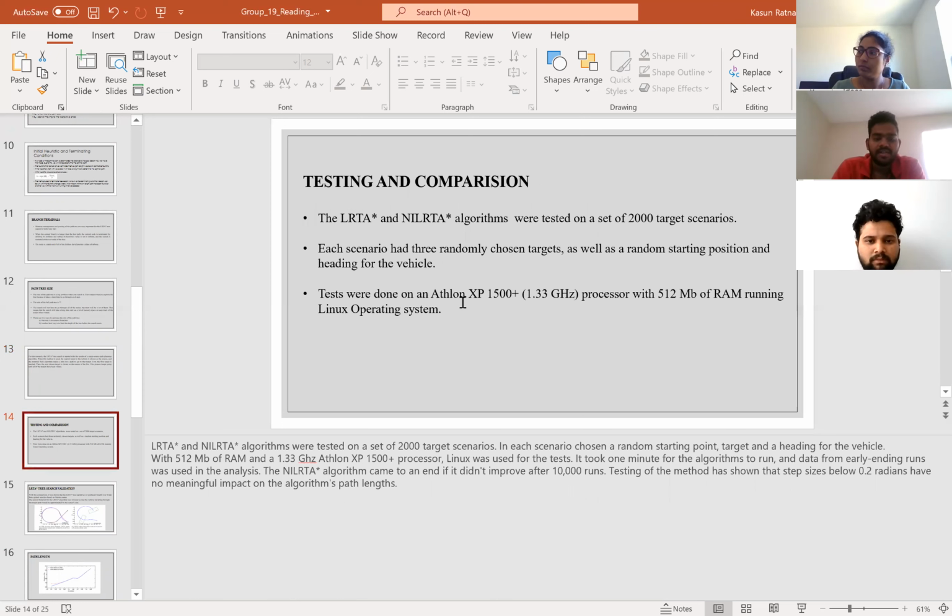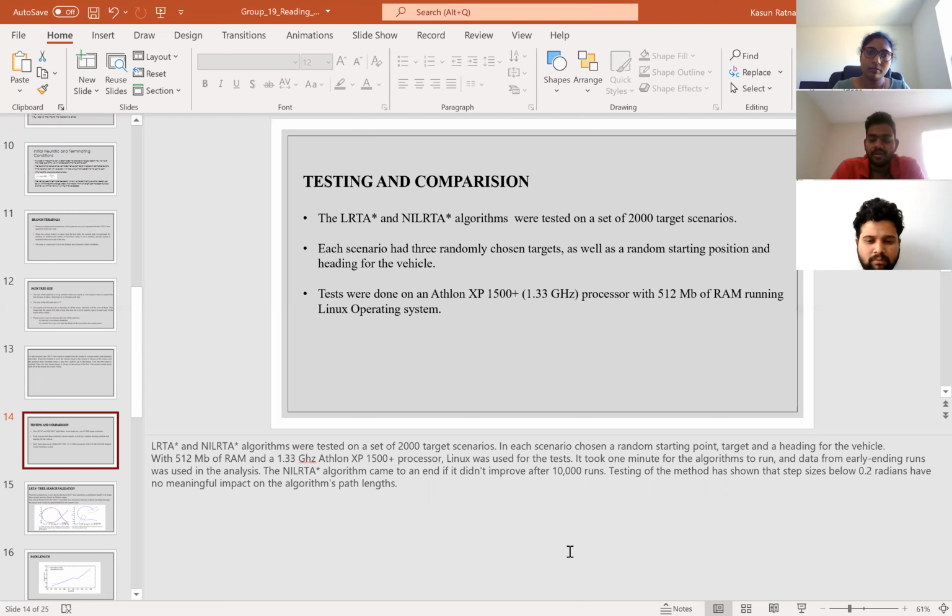And coming to the testing and comparison, LRTA star and NILRTA star algorithms were tested on a set of 2,000 target scenarios. In each scenario, a random starting point, target and heading for the vehicle were chosen. With 512 MB of RAM and a 1.33 gigahertz Athlon XP 1500 processor, Linux was used for the test.